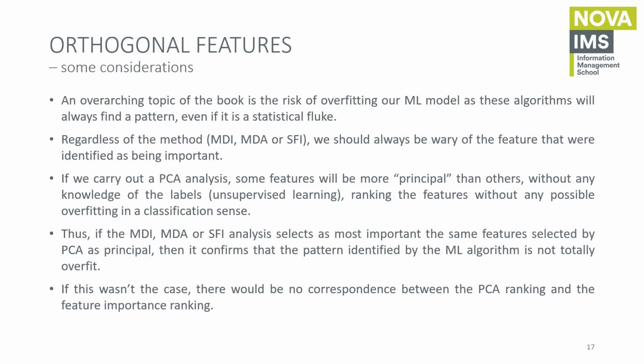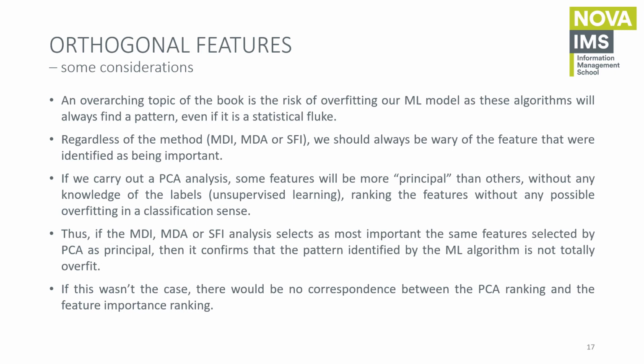For instance, an overarching topic of this book is the risk of overfitting our machine learning model, as these algorithms will always find a pattern even if they happen to be a statistical fluke. Regardless of the method, be it MDI, MDA, or SFI, we should always be wary of the features that were identified as being important. So, for instance, if we carry out a principal component analysis, some features will be more principal than others, without any knowledge of the labels, ranking the features without any possible overfitting in a classification sense.